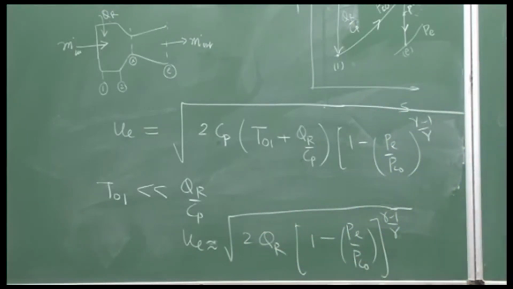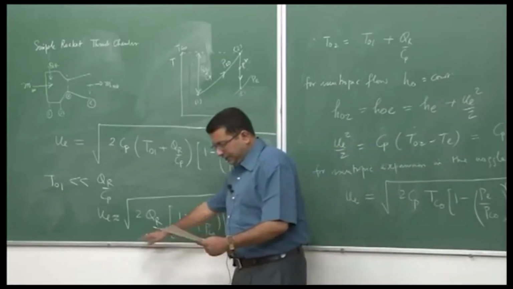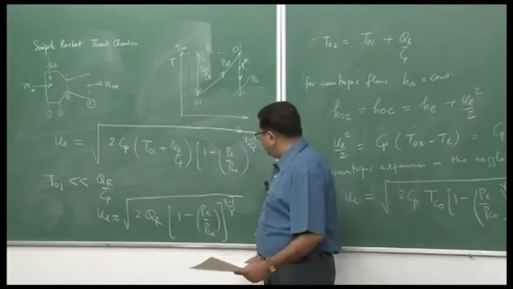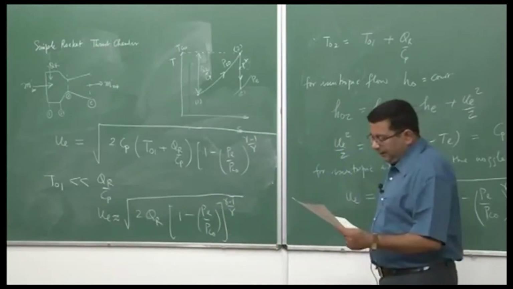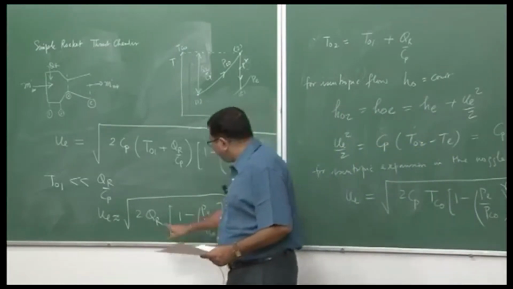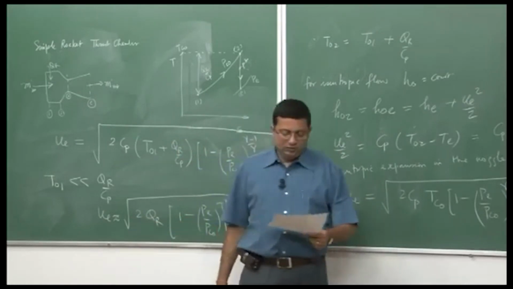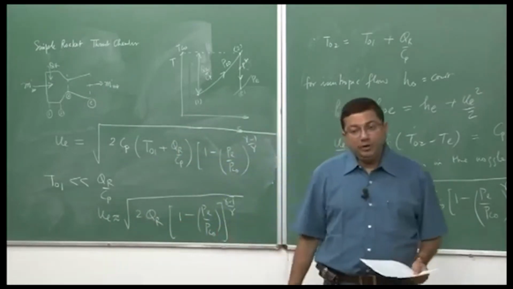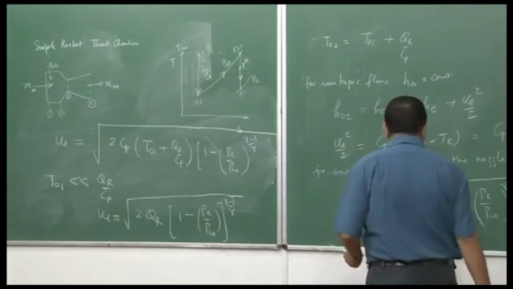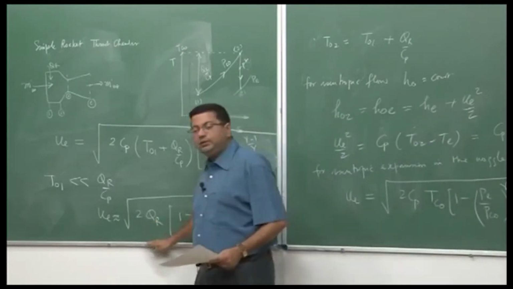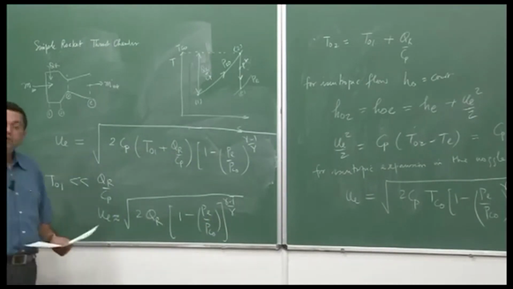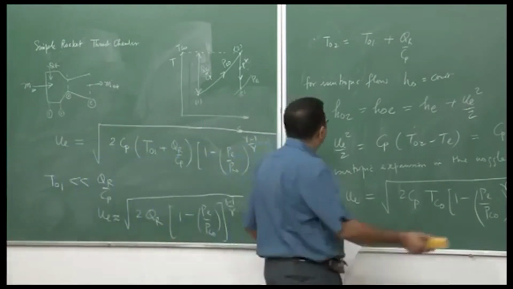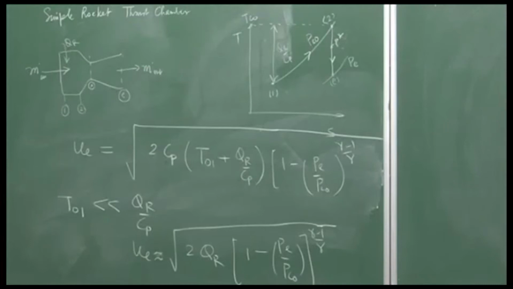Okay. Now, this is our expression for the exit velocity. Here we can also express the heating value as heating value per unit mole. If we do that, then molecular weight will also come into the picture, like we had done earlier when we brought in the molecular weight in characteristic velocity. So, same thing we can do here also.